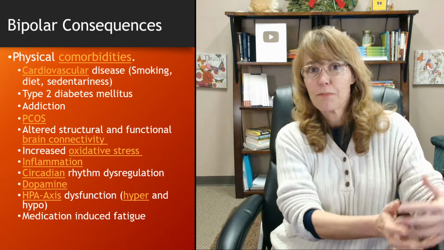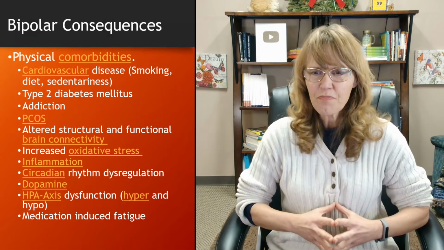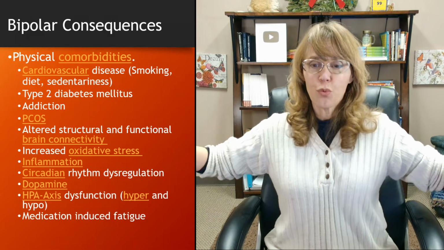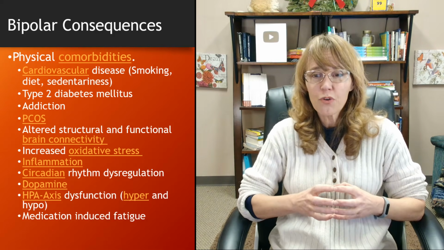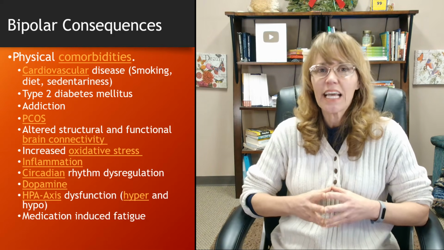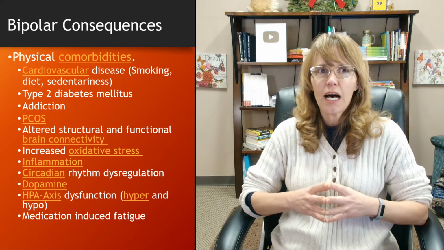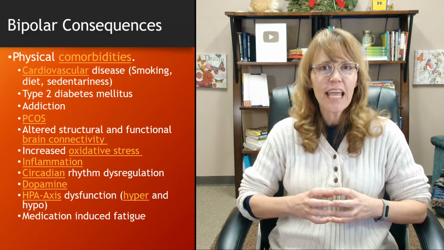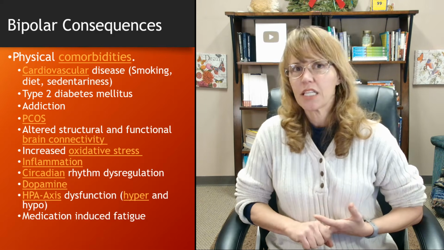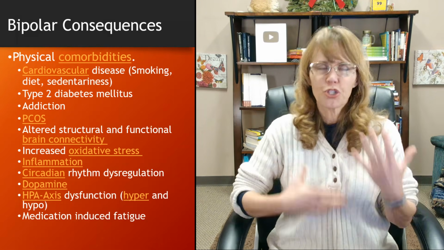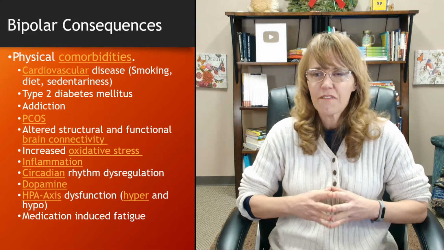So that messes up their circadian rhythms. And then even in between episodes, people with bipolar disorder often have difficulty getting to sleep and staying asleep because of the stress and the guilt and the other stuff, the emotional turmoil that they often experience.